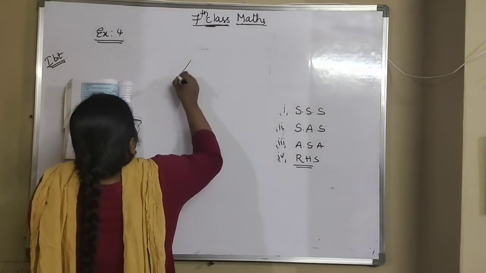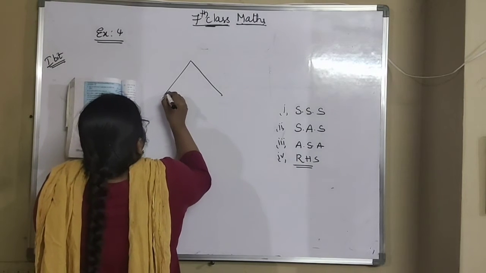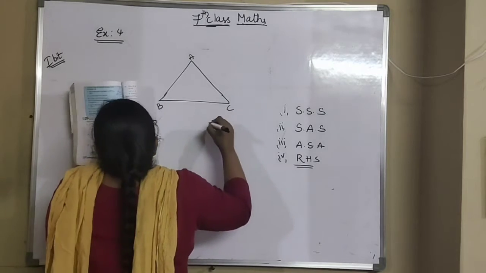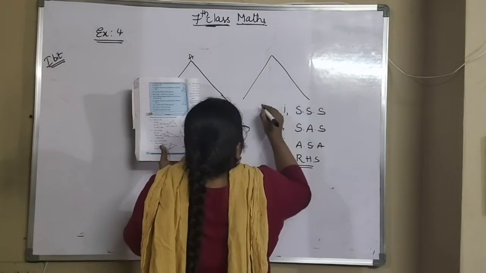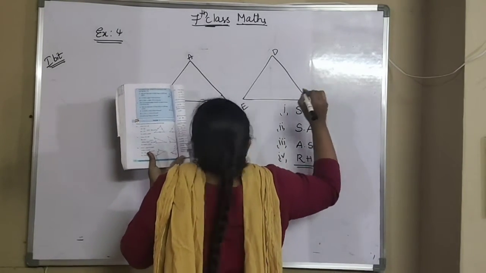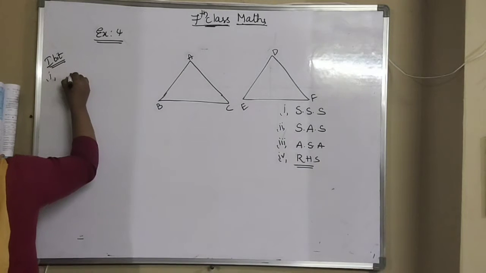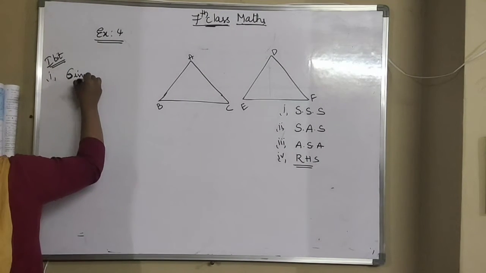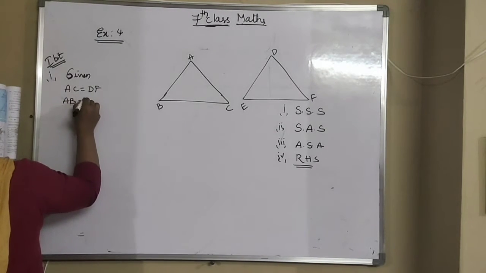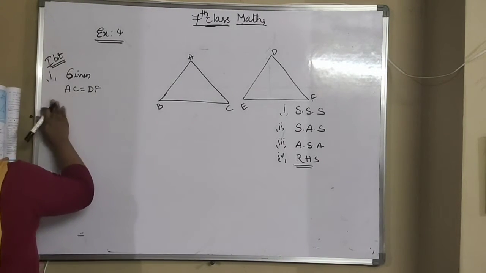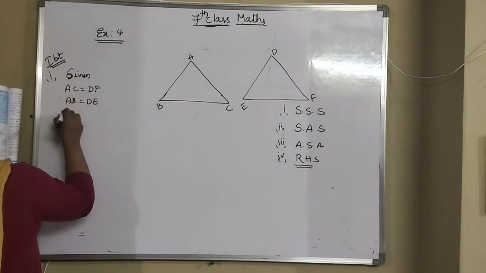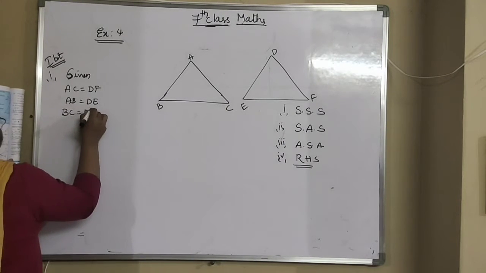So what is the figure here? They have given one figure, two triangles they have given. A, B, C, D, E, F. In this first one, given that AC is equal to DF, AB is equal to DE, BC is equal to EF.